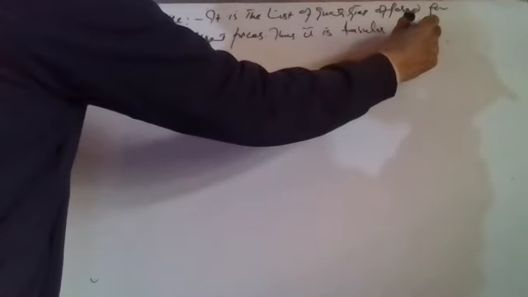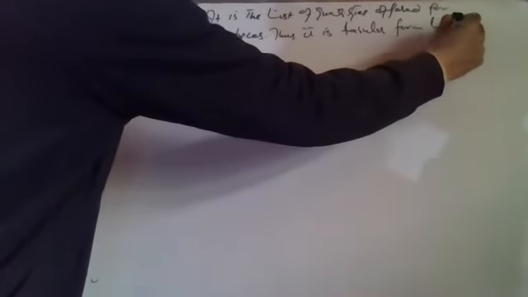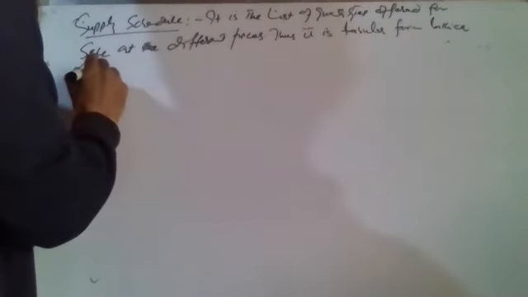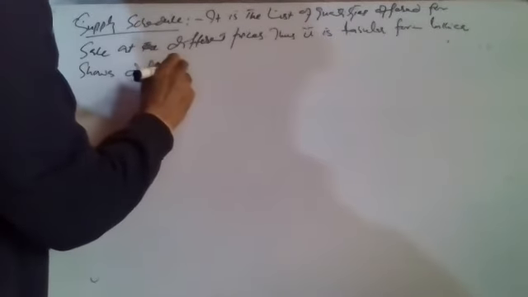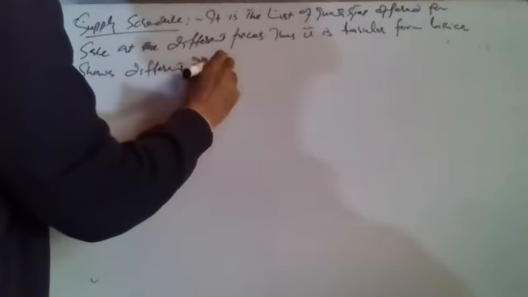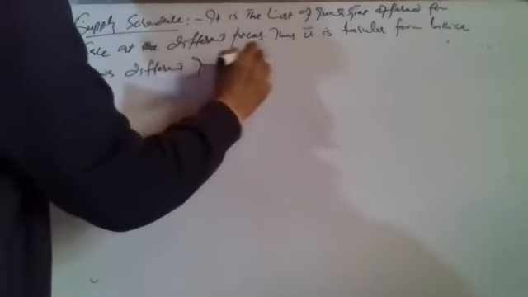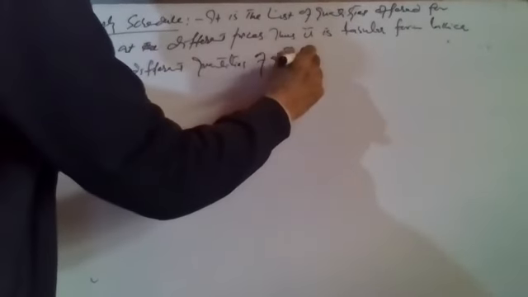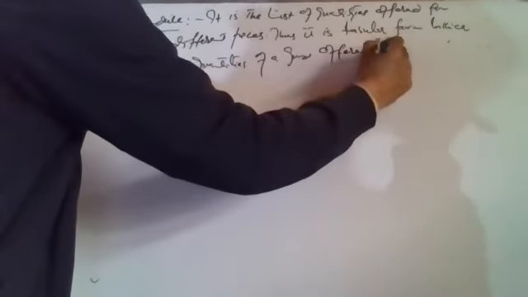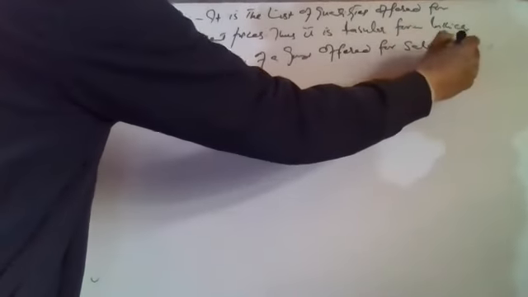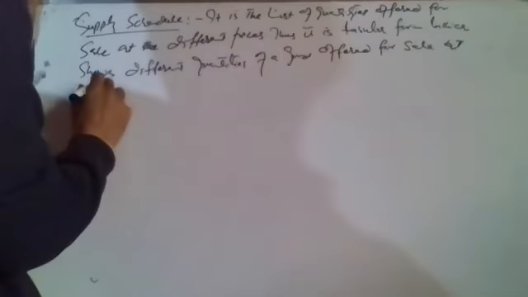Tabular form which shows different quantities of a good offered for sale at different prices.